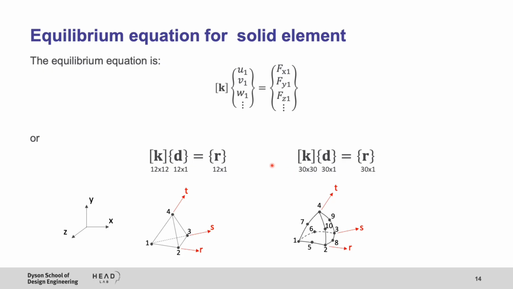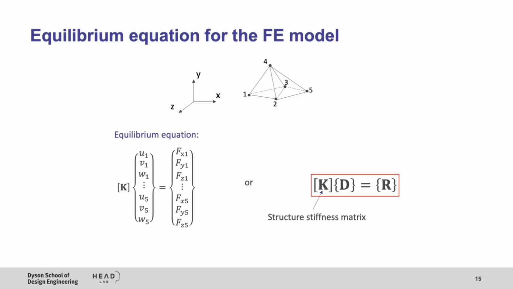But essentially the take-home message here is that the equilibrium equation for the solid element is exactly the same as what you have seen for truss elements and for beam elements. The only difference is that the components, the members of these matrices, are different, and the size of the matrices is different. So how about the structure described with solid elements?